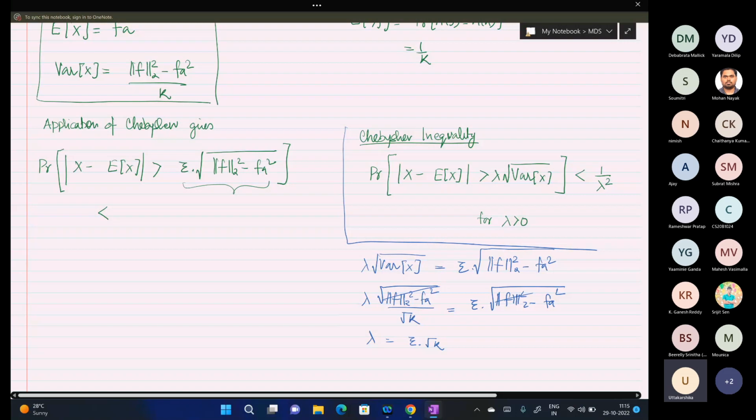So here we get 1 by lambda square, which is 1 by k into epsilon square.